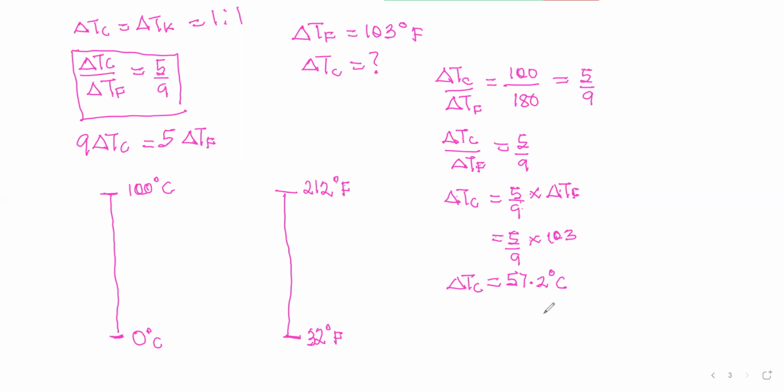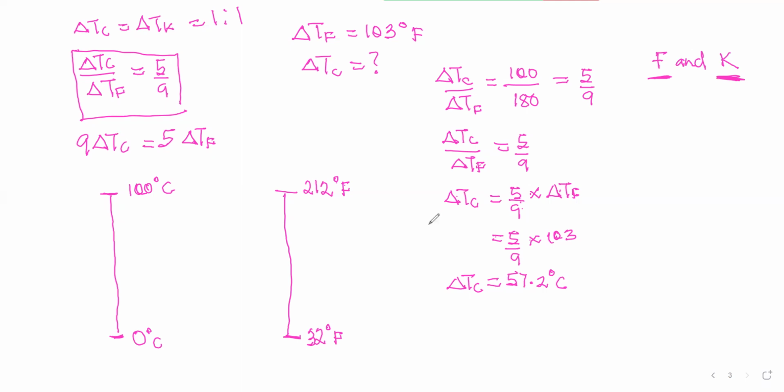Can you use the same idea to derive the change in temperature relationship between the Fahrenheit and the Kelvin scale for me? Will it be the same 57.2 since Kelvin is equal to Celsius?